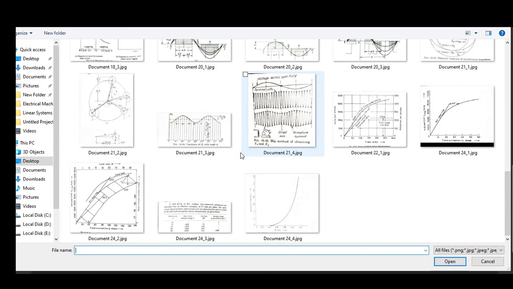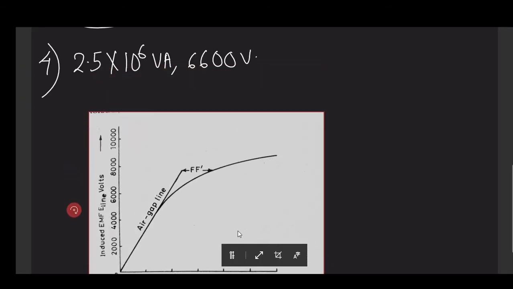The open circuit characteristics of a 2.5 MVA 6600 volt alternator is given in this picture.